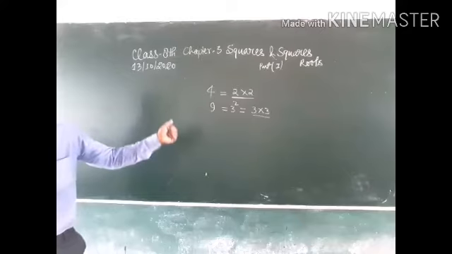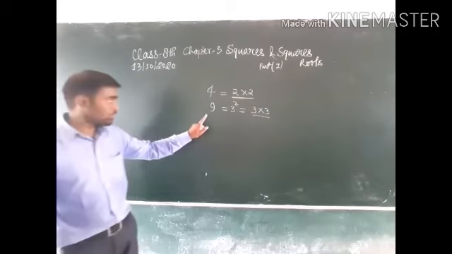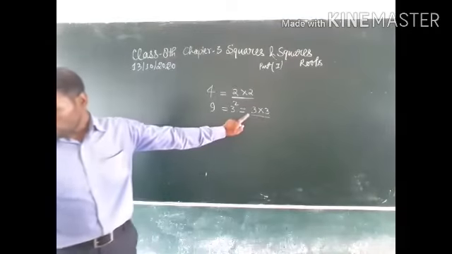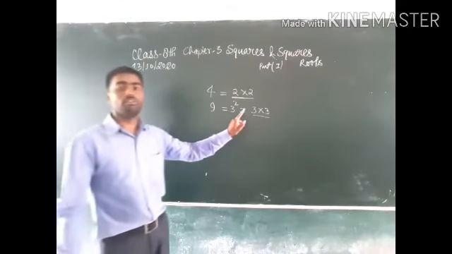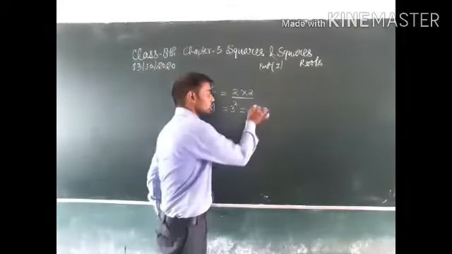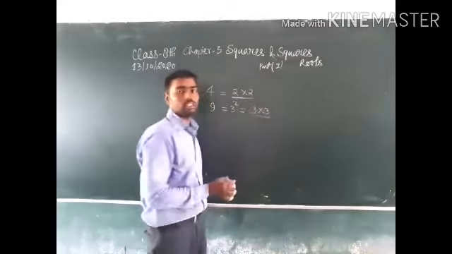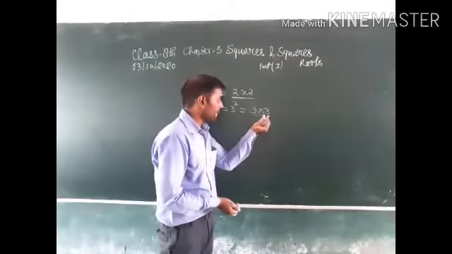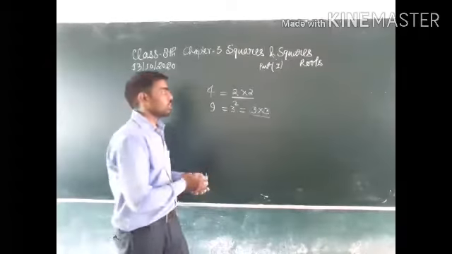A perfect square number is always expressible as a product of pairs of equal factors. This is a pair of equal factors: 3 and 3 are the factors of 9.